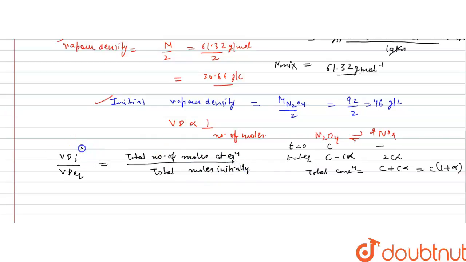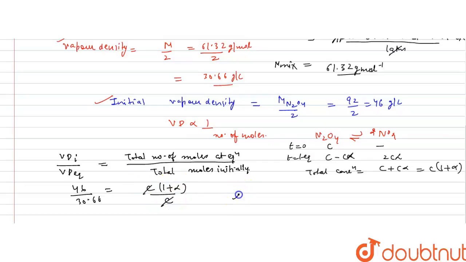So vapor density initially is 46, divided by the vapor density of the equilibrium mixture, 30.66, equals C into 1 plus alpha at equilibrium, and C initially. So C is cancelled.